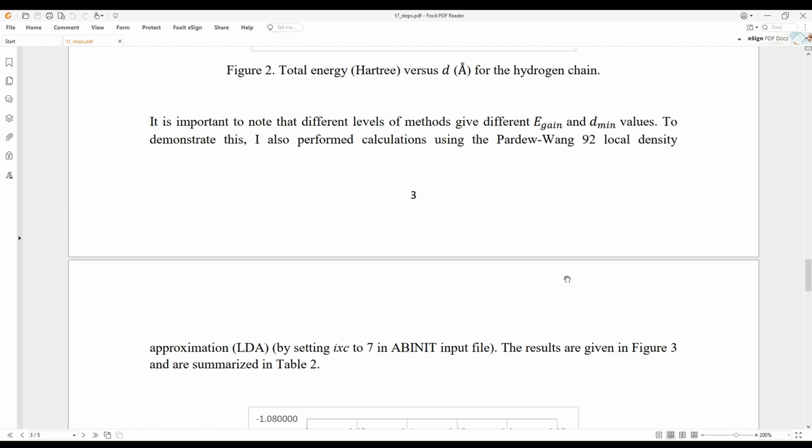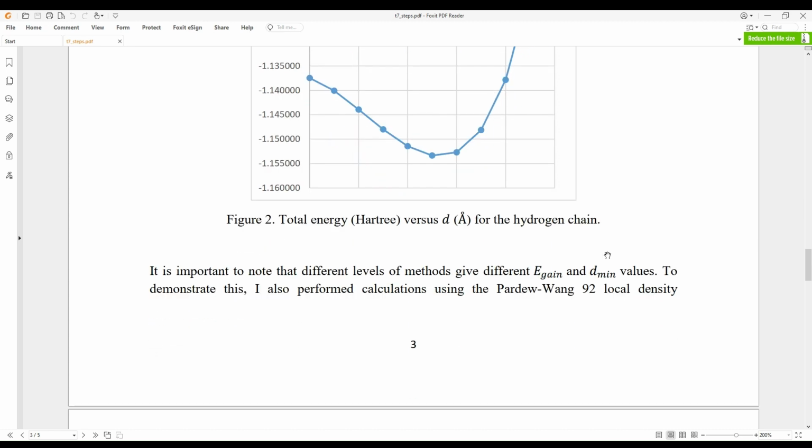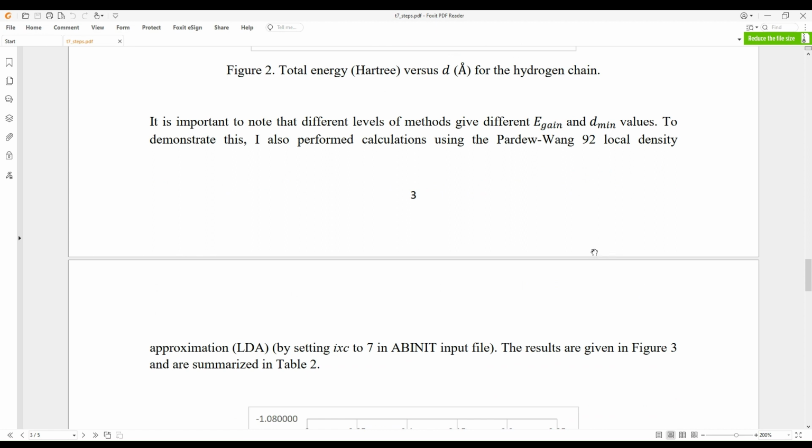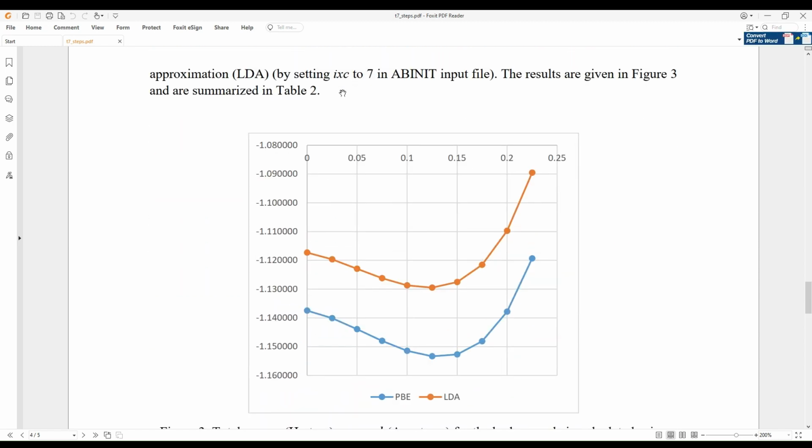In order to demonstrate that the energy gain and the d minimum also depend on the exchange correlation energy functional you used in your simulation, I also performed the simulation with a Perdew 192 LDA functional by simply changing IXC equals to 7 in the ABINIT input file.